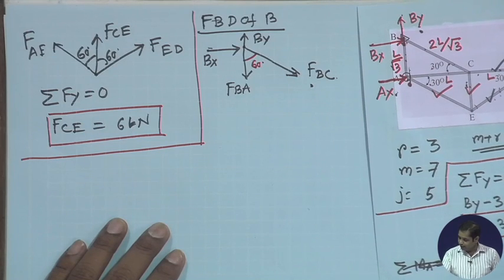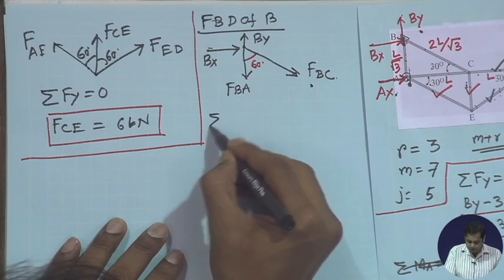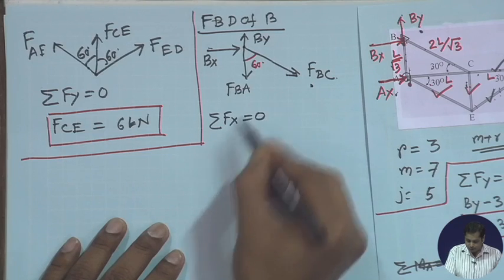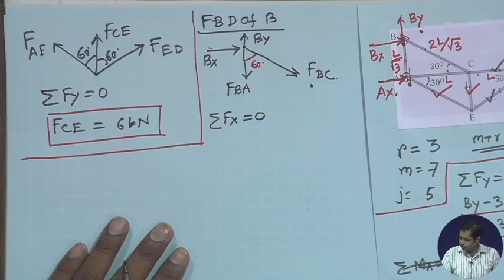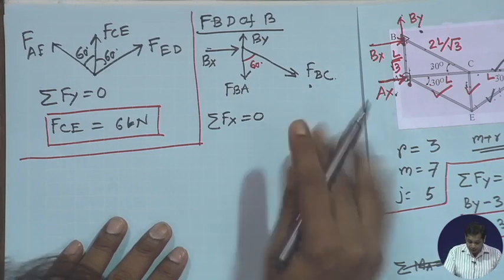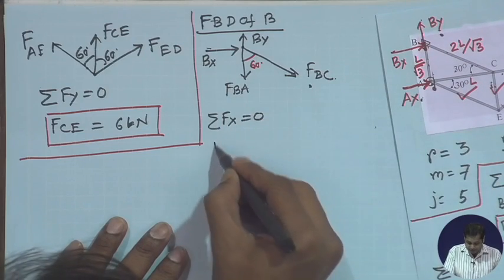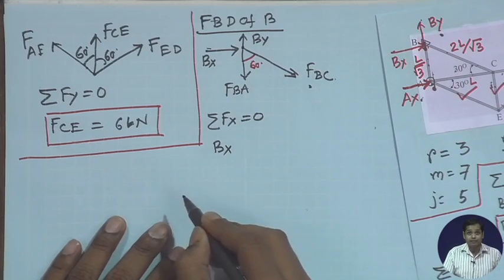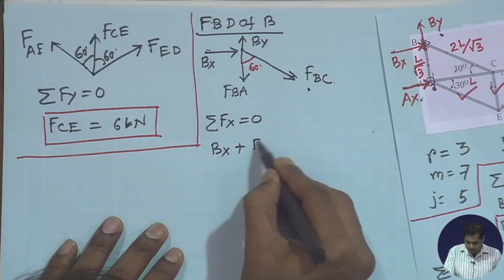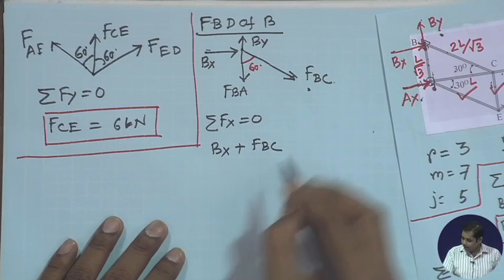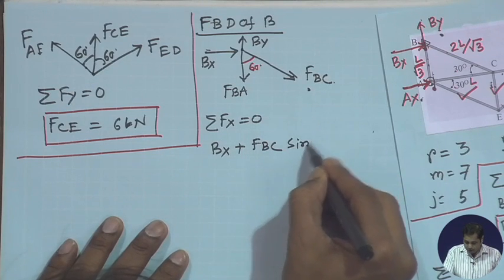Now if I take summation of Fx is equal to 0, then it gives me Bx plus FBC sine 60.